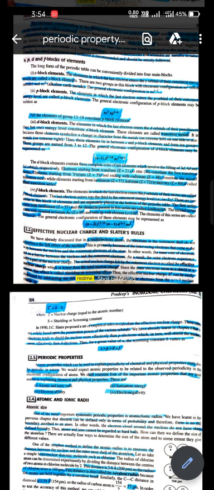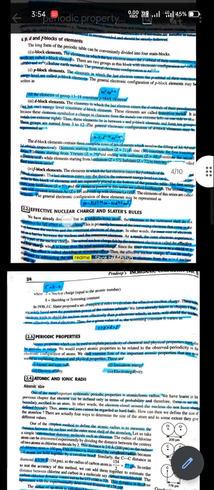The formula for calculating the effective nuclear charge is Z star equals actual nuclear charge minus the screening constant. In 1930, J.C. Slater proposed a set of empirical rules to calculate the effective nuclear charge. These rules are solely based upon the penetration power of the various orbitals.